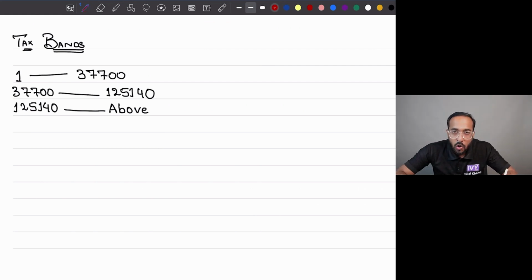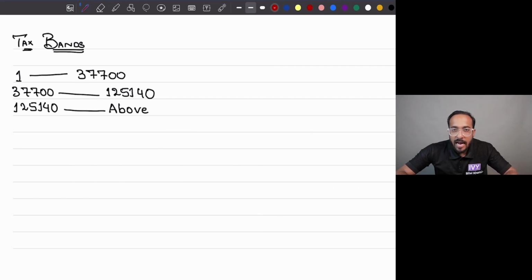Any person whose taxable income is less than or equal to 37,700. I'm saying taxable income. I'm not saying total income. We do not have concern about the total income. We always focus on taxable income.